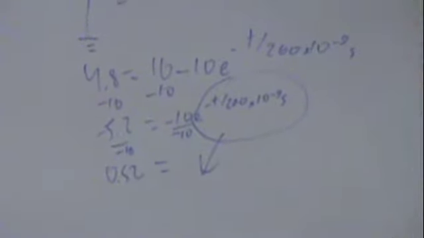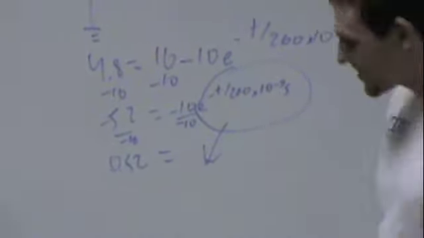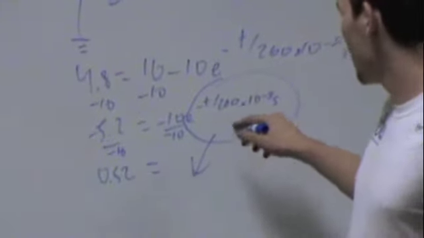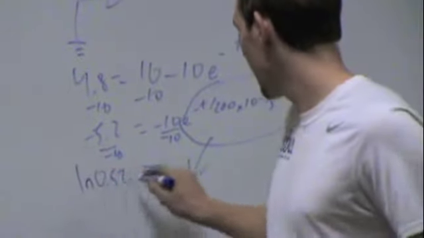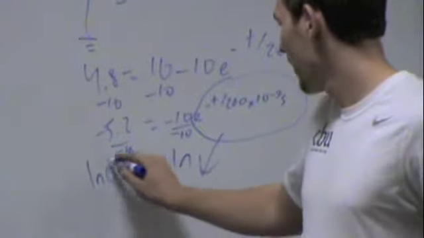So anyway, you do this, then what you do is you take the ln of both sides. This comes out to be some number. I didn't record what it was, because who does math?